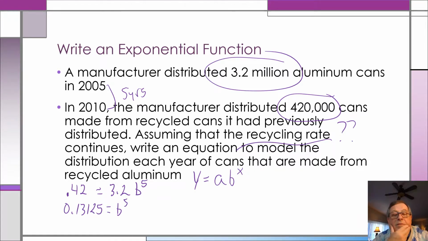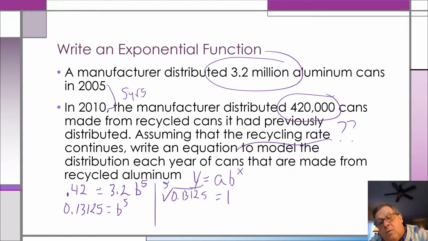So I divided everything by the 3.2 million. And then we want to take the fifth root of 0.13125, and that's going to equal b. And with this, I can write an equation.